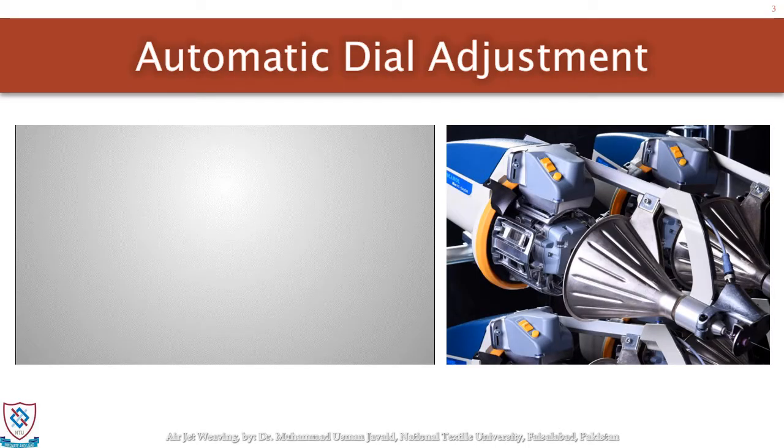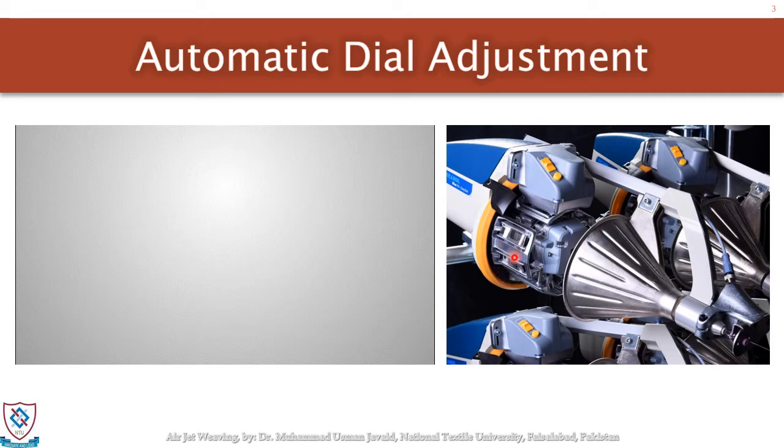In the first slide, I want to mention automatic dial adjustment. This is one of the key features being offered in this year 2020 by one of the manufacturers, Conical. The dial of the prewinder, as you can see over here, is automatically adjustable from the machine panel.